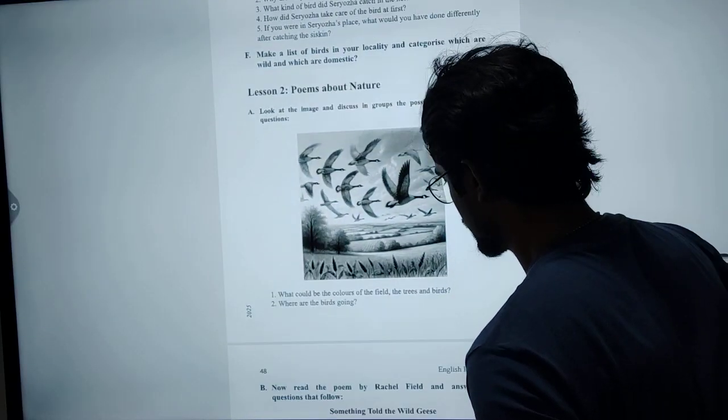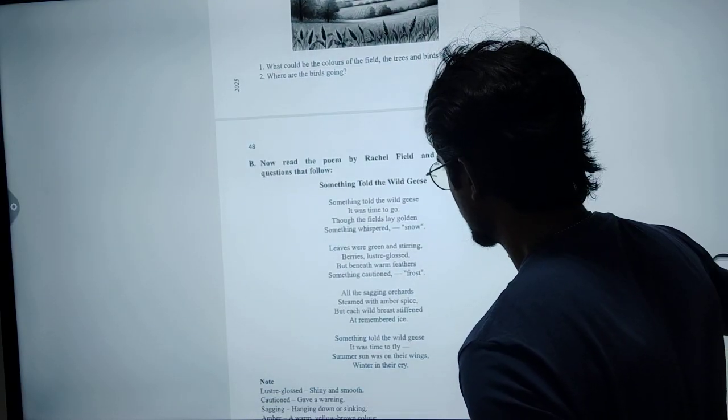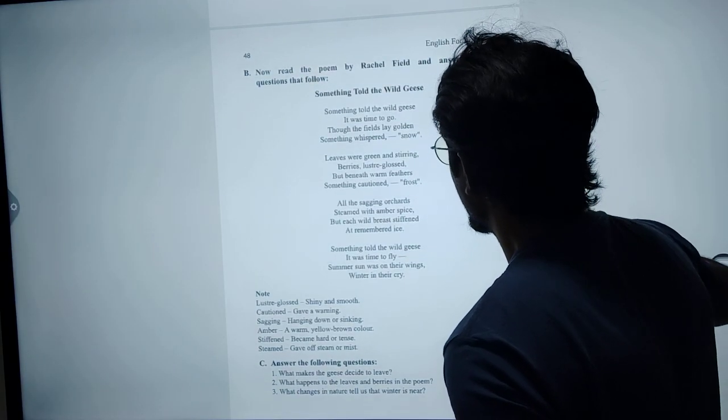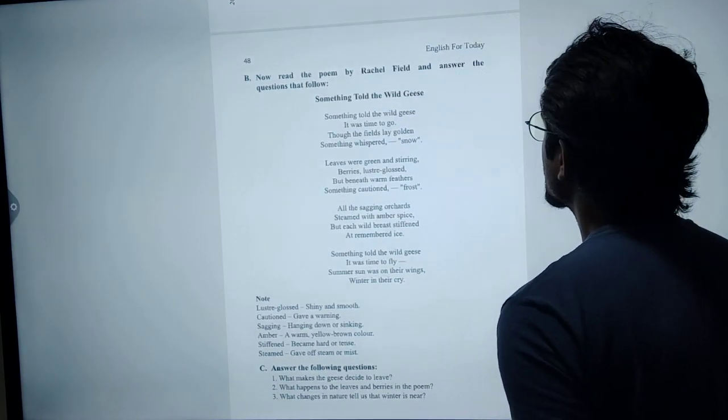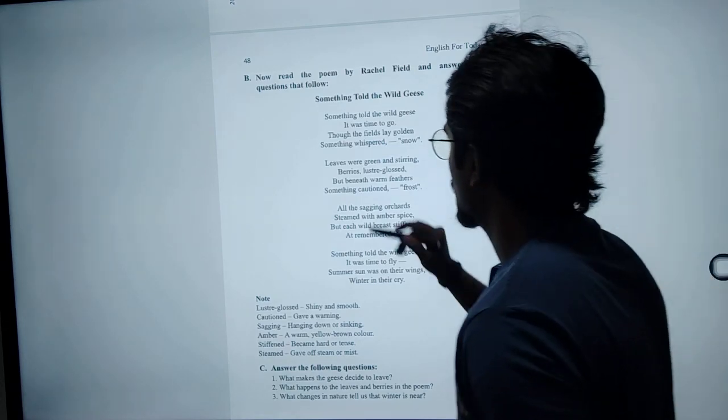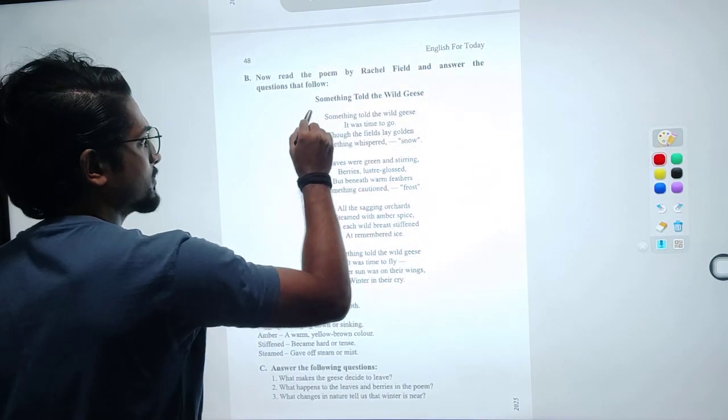Let's see. We got something told the wild geese. So we got 4 stanzas.